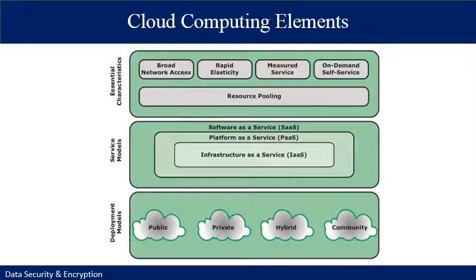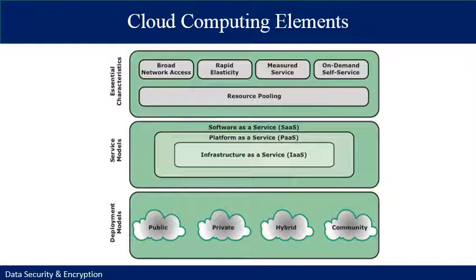First of all, the definition refers to the various models and characteristics whose relationship is illustrated in this figure. The essential characteristics of cloud computing are described in this slide.